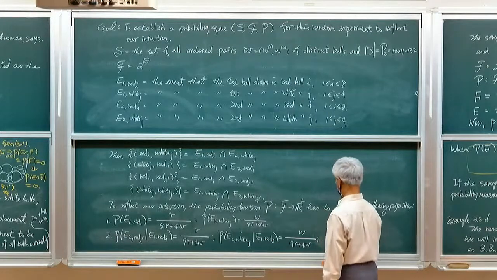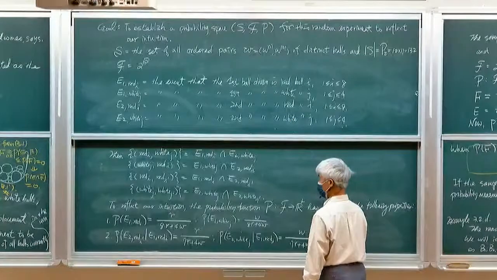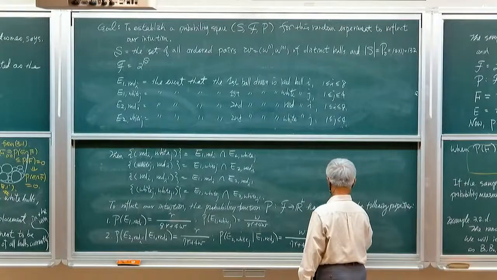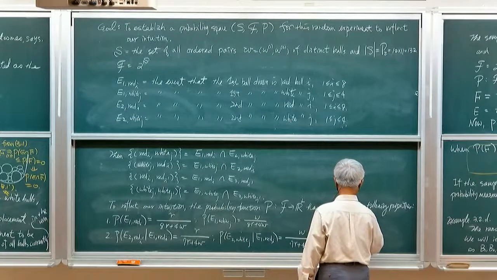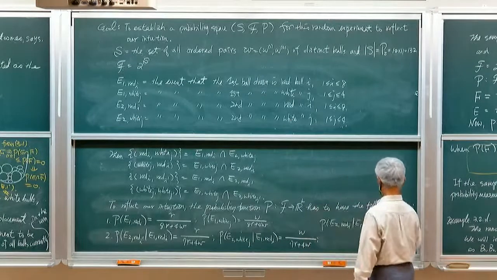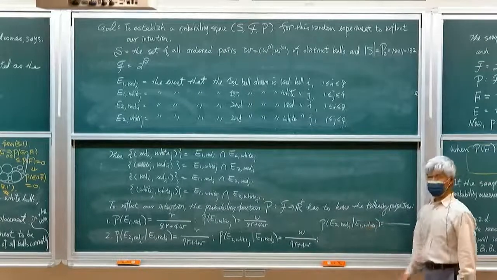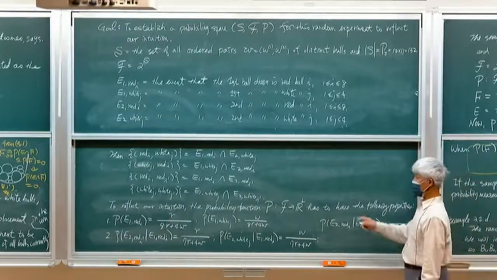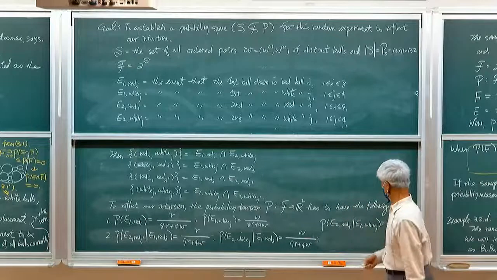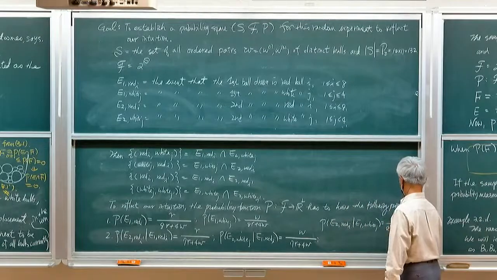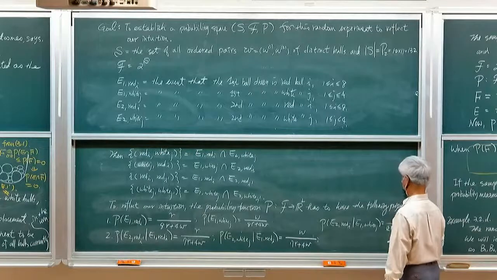There are other two possibilities. If the first ball drawn is white, there are 3 white balls and 8 red balls left. So 8R plus 3W.